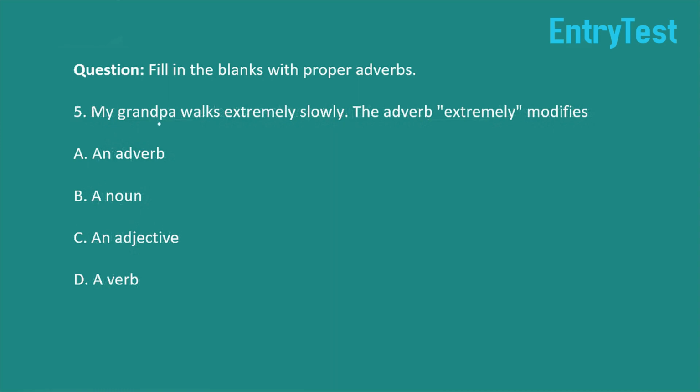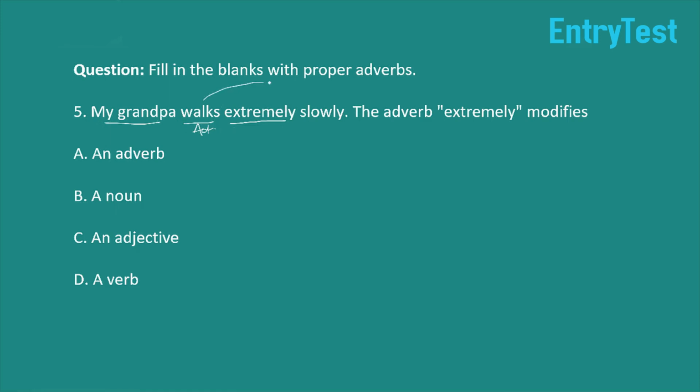Next, my grandpa walks extremely slowly. Okay, the adverb extremely modifies. Right friends, so which is the adverb here? Extremely. Now what word is extremely describing, a noun, pronoun or adverb? First of all, let's understand the sentence. So grandpa is the noun, walks is the action being performed, and how is that action being performed?